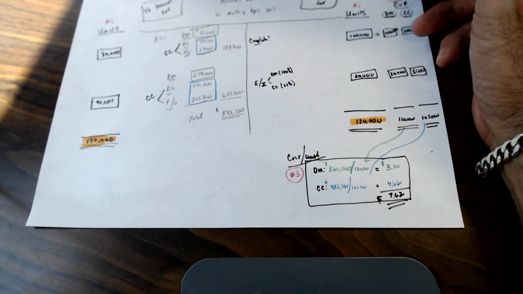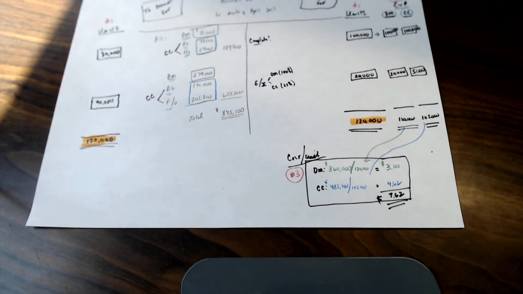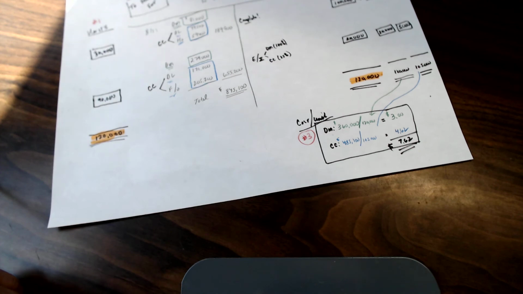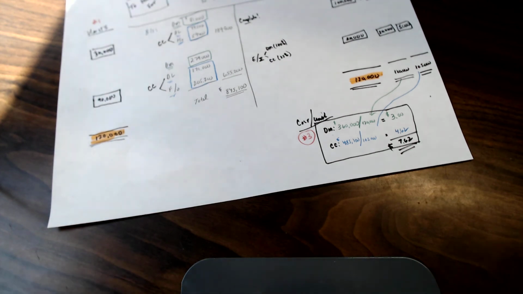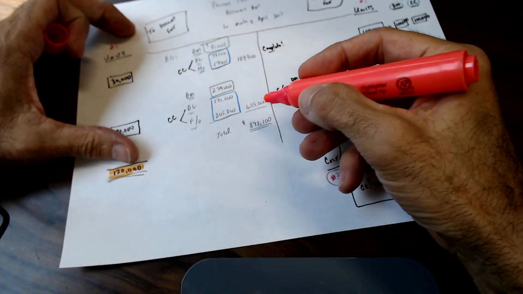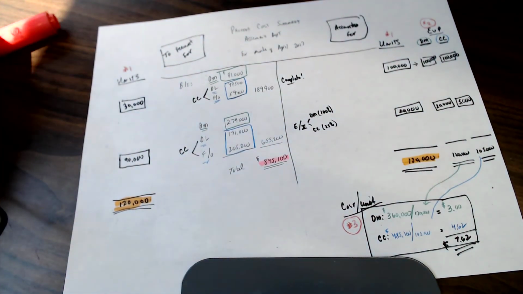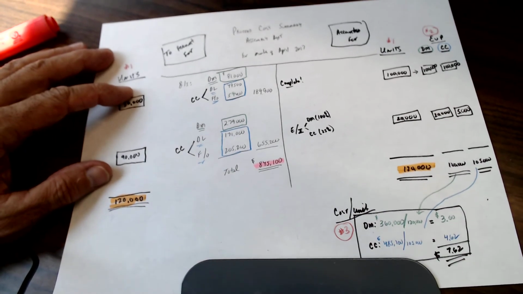So somehow what I'm trying to do is I'm saying, I'll do a pink one, I've got a total of $845,100. And my job is to do this.